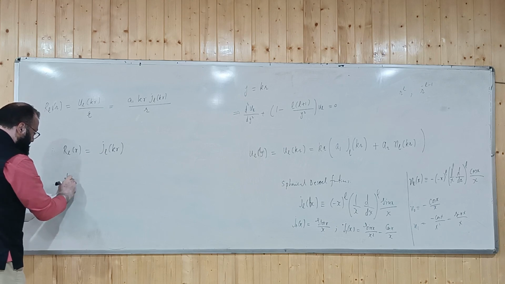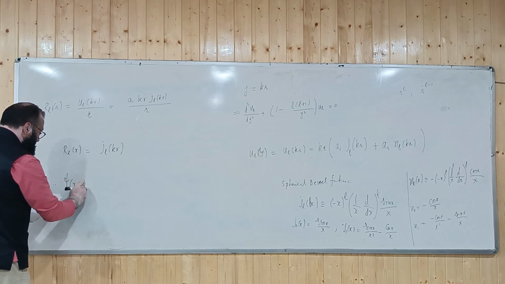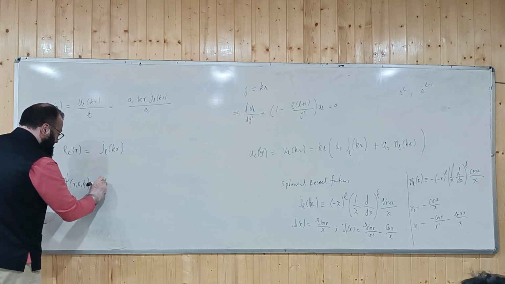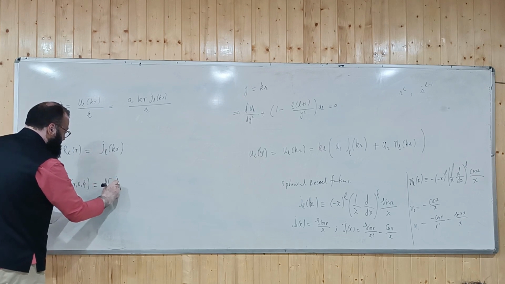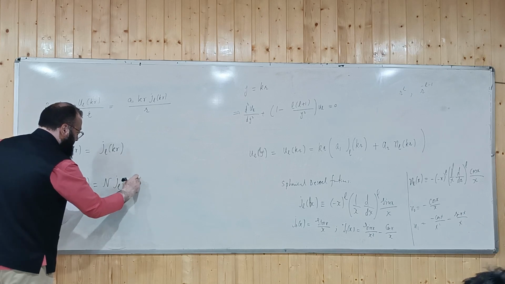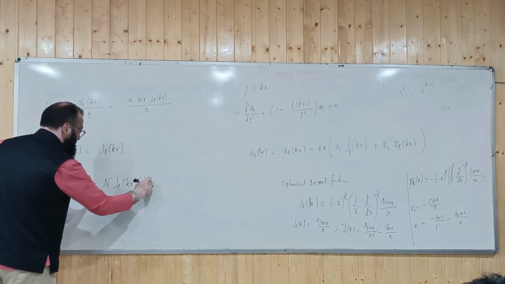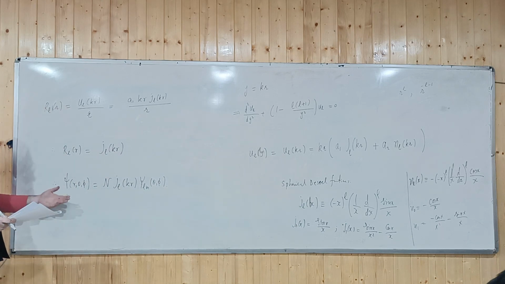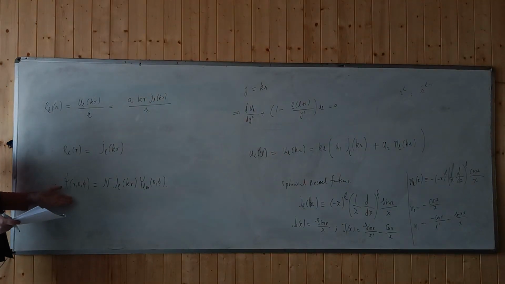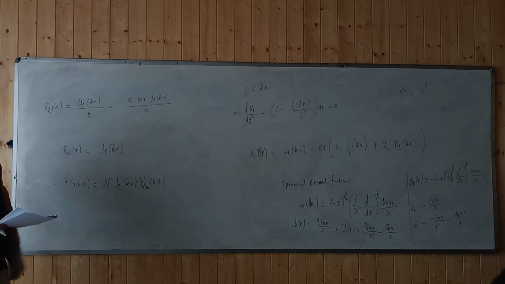Therefore our wave function psi(r, theta, phi) is, let me write this normalization constant now, for R_L I will write A j_L(kr), and then you have this Y_LM(theta, phi). This is your wave function, the solution for the problem at hand.